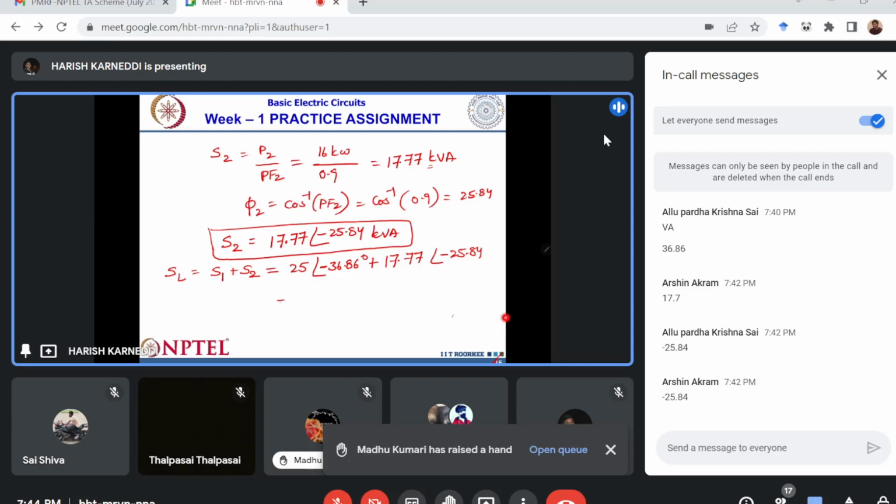What is the sum of these two? 25 at an angle of minus 36.86 plus 17.77 at an angle of minus 25.84 kVA.